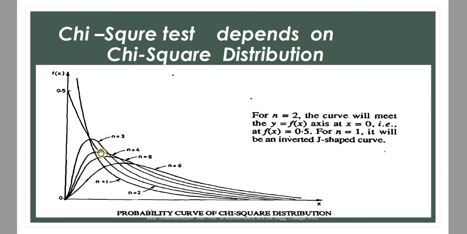After these two values of n, the curves for n equal to 3 and n equal to 4 are approaching the normal distribution. It is a very rough approximation, but when n increases, it approximates to the normal distribution.